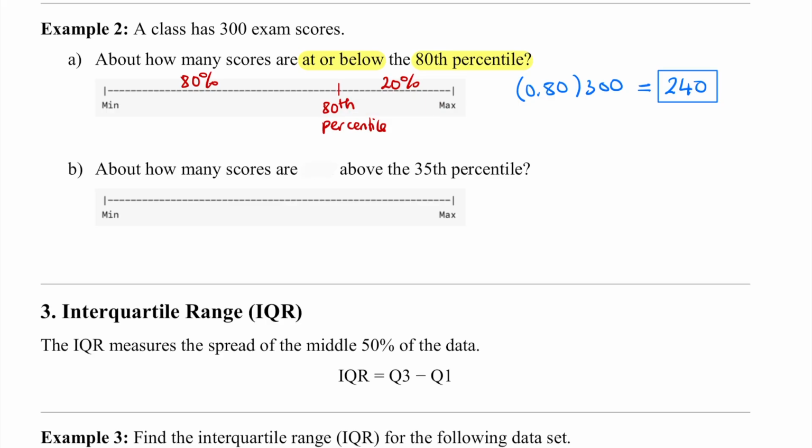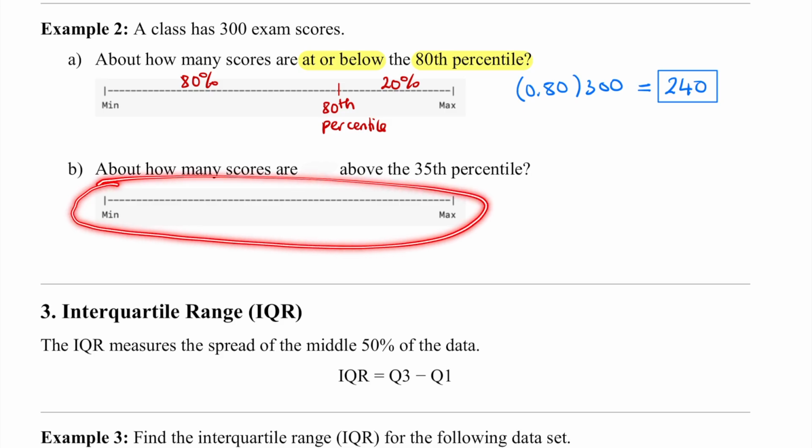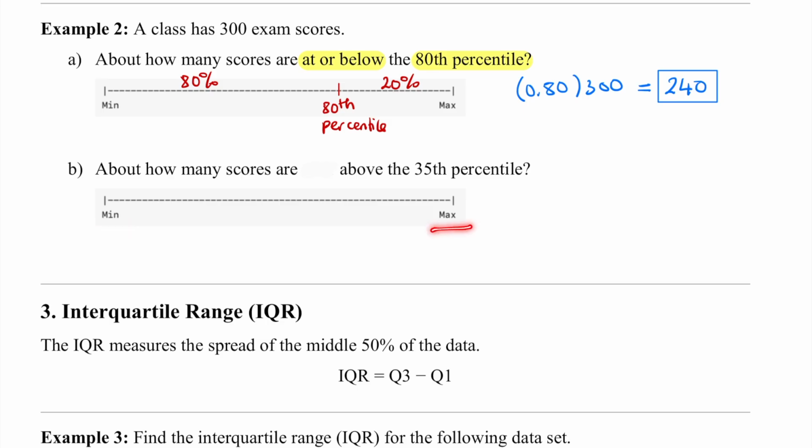Now let's do part B. How many scores are above the 35th percentile? If this is my data set, arranged from the least to the greatest, the 35th percentile is somewhere here. About 35% of the data are at or below the 35th percentile. About 65% of the data are above the 35th percentile.